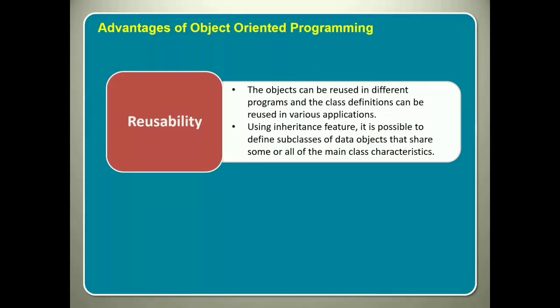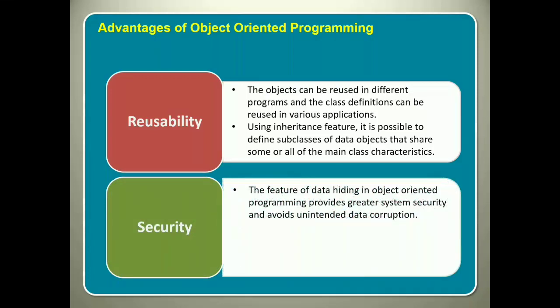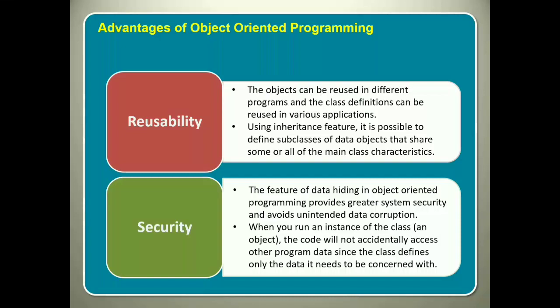Using inheritance feature, it is possible to define subclasses of data objects that share some or all of the main class characteristics. Security. The feature of data hiding in object-oriented programming provides greater system security and avoids unintended data corruption. When you run an instance of the class, that is, an object, the code will not accidentally access other program data, since the class defines only the data it needs to be concerned with.